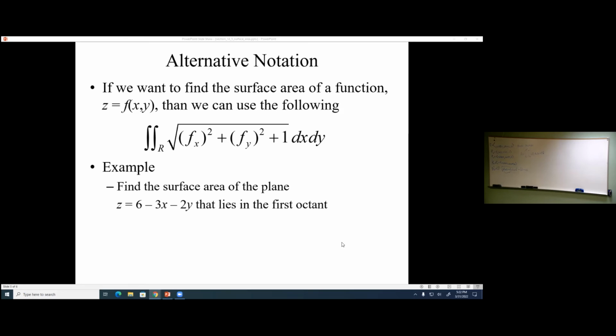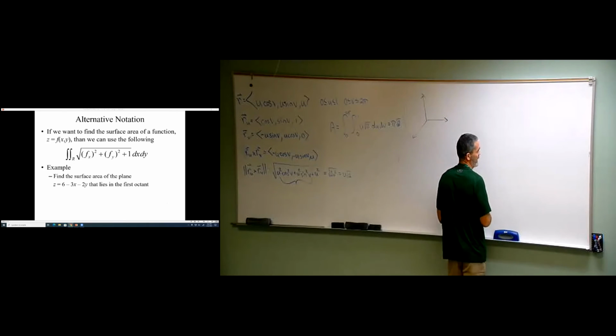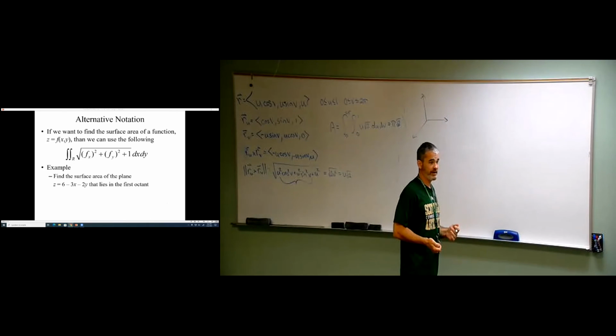So here's how you deal with something like this. We want the surface area of the plane that's in the first octant. We have to be given some kind of limits on it because otherwise the plane's infinite. So here's one way of handling this, and this will be our second example. Well, if we're just doing the first octant, then all we need are where it hits the axes.